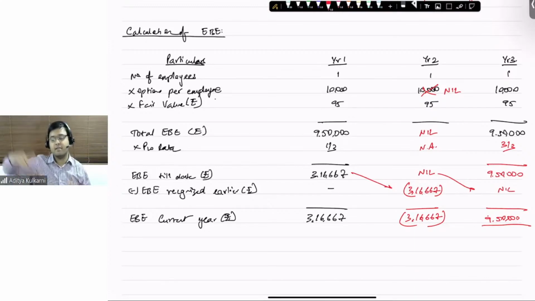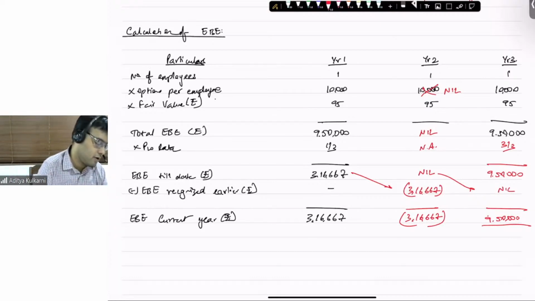So first year 3,16,000, second year reverse the first year, and third year again book the entire expense. Is it okay? Done? Have you guys understood? Kaushiki has confirmed. Manini has confirmed. What about the boys?